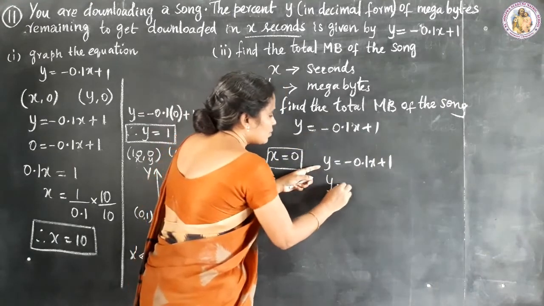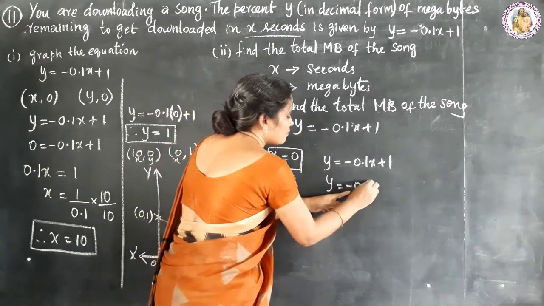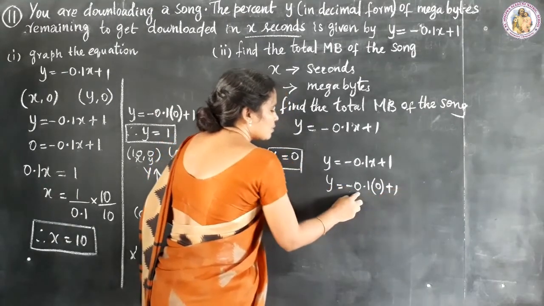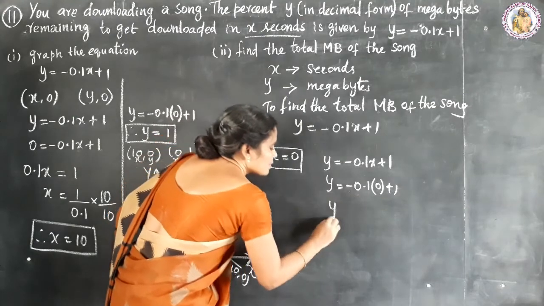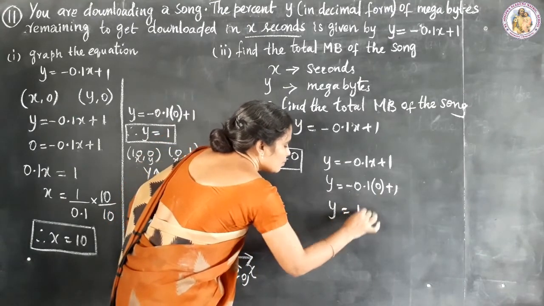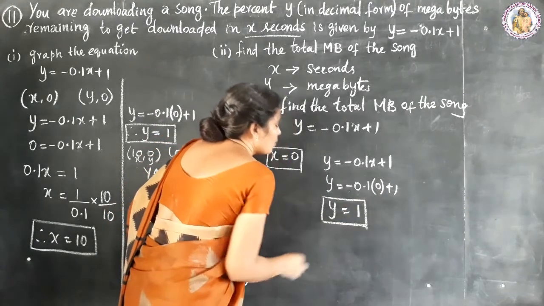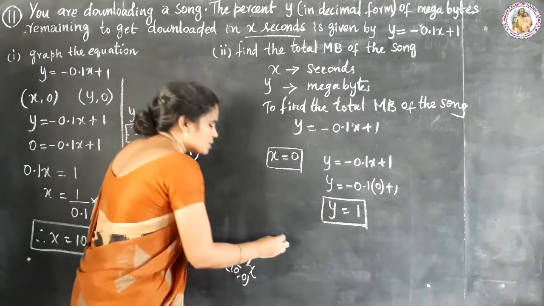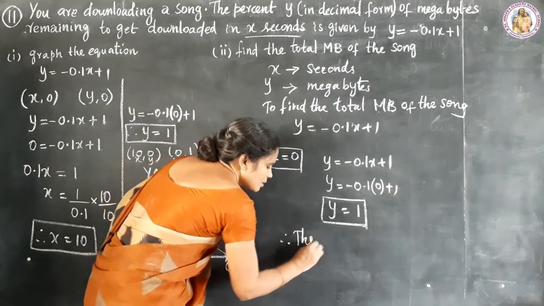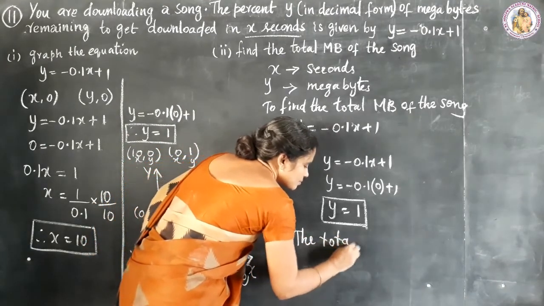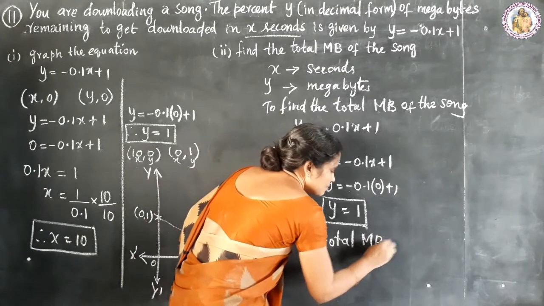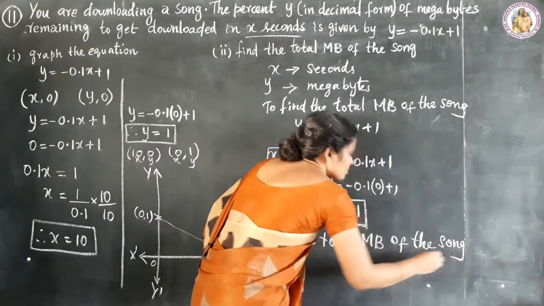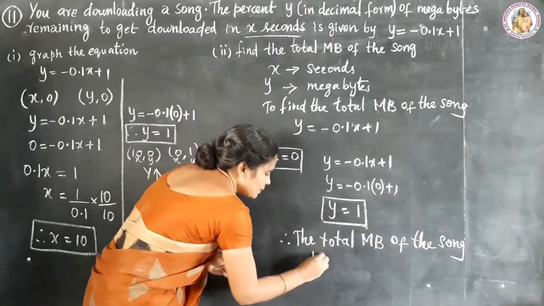So y is equal to minus 0.1 times 0 plus 1, which is 0 plus 1. So y is equal to 1. Therefore, the total MB of the song is 1 MB.